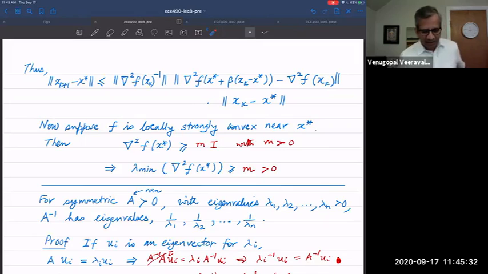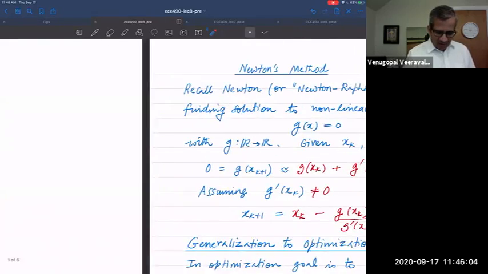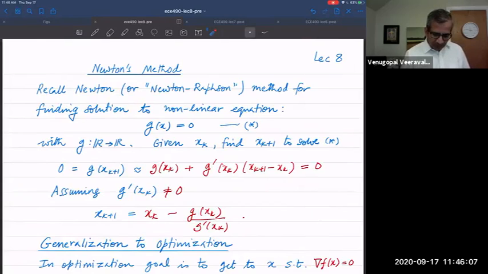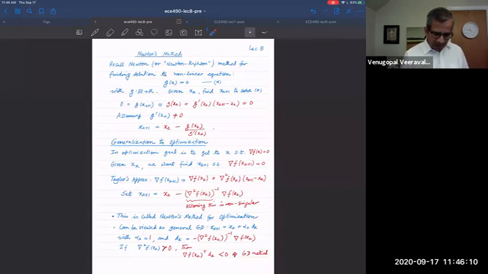Again, this proof is a little bit hand wavy and not completely rigorous, and I'm doing that on purpose, because the superb convergence rate that you get for Newton's method, and that's observed in practice, really holds only when you're very close to the minimum. The same thing happens as in the example of applying Newton's method to solve for g(x) equal to 0.